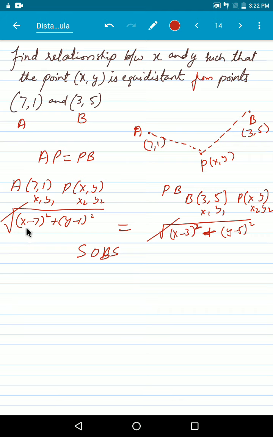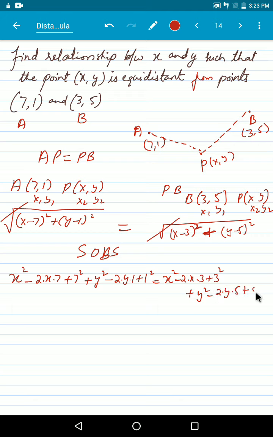Now use (a minus b) whole square: x square minus 2 into x into 7 plus 7 square, plus, again (a minus b) whole square, y square minus 2 into y into 1 plus 1 square, is equal to x square minus 2 into x into 3 plus 3 square, plus y square minus 2 into y into 5 plus 5 square.